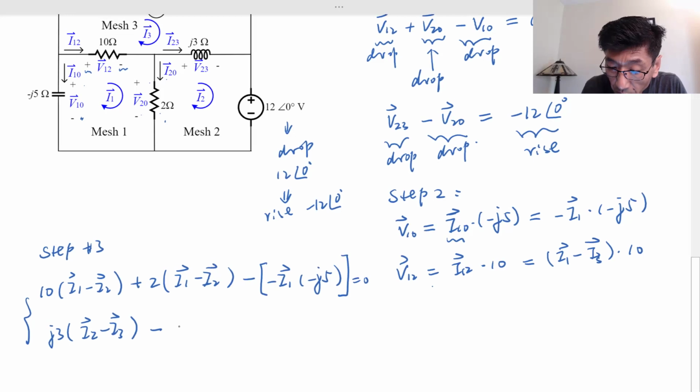V sub 20 is 2 times I1 minus I2, and that's all the voltage drops.